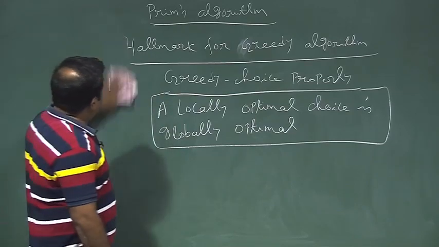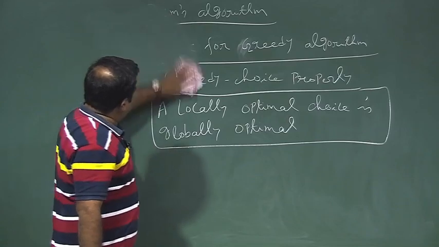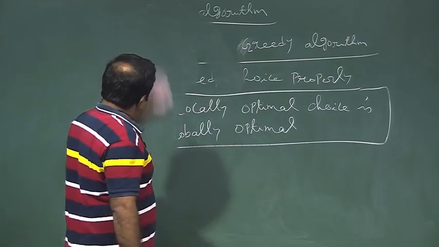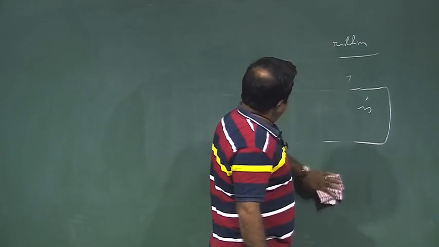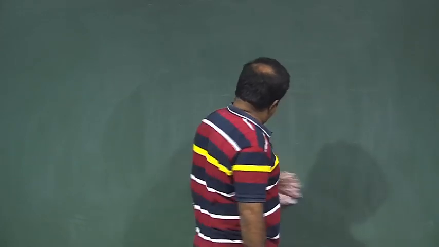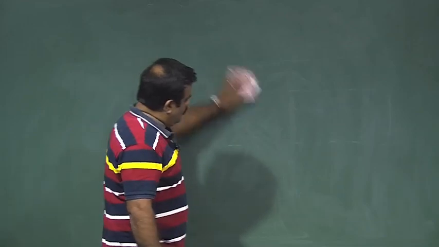Prim's algorithm is based on this theorem, which is basically a greedy choice, coming from this hallmark.